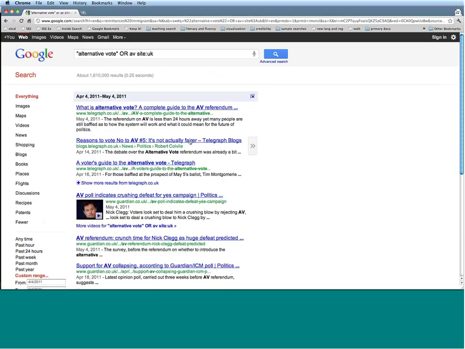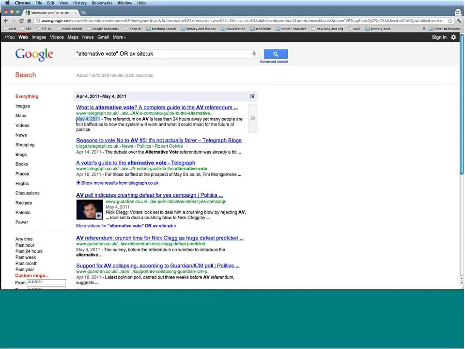So what I've said is please only find web pages that Google discovered during that time period. We don't know when a page was created, but we know when we found it. By using this particular filter, it looks for pages that Google crawled during that time.